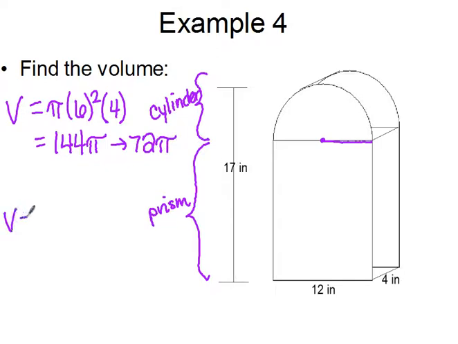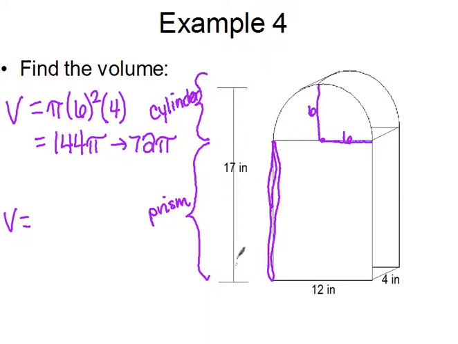Okay? Now we'll do the volume of the rectangular prism on the bottom. Alright? We need to know how tall this prism is. This length right here. Okay? If you remember, all of the radii in a circle are the same. So if the radius is 6, that means this radius is also 6.